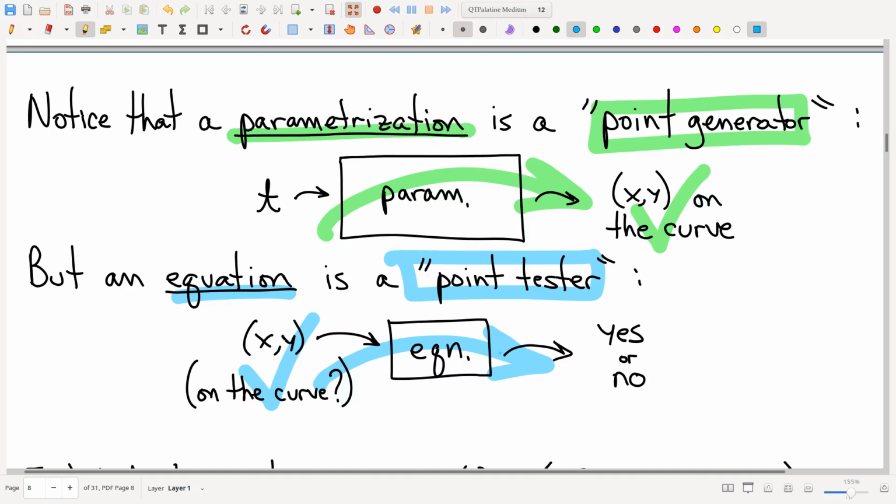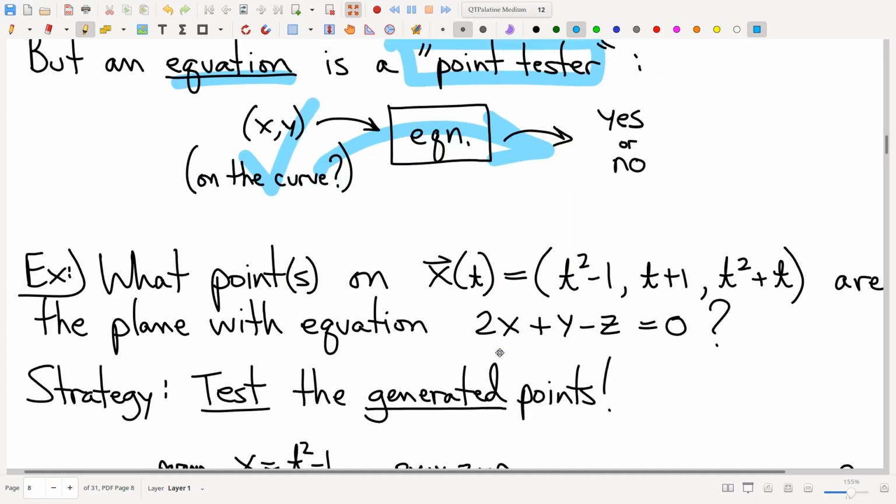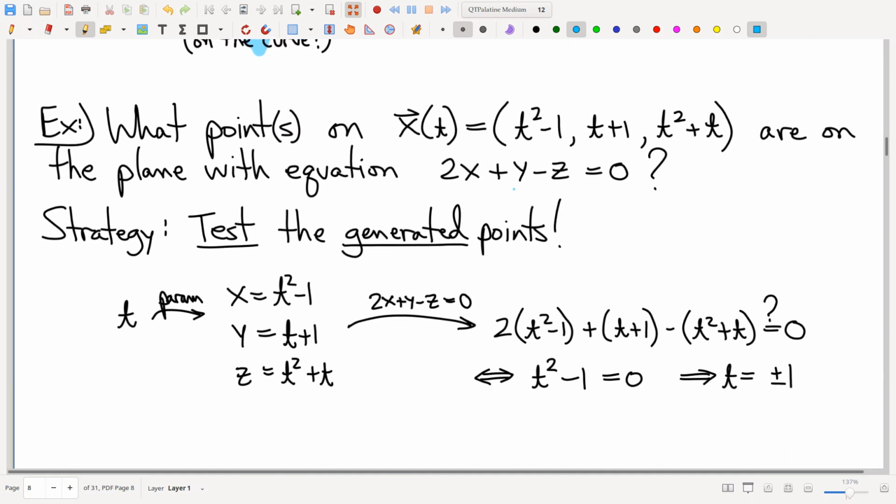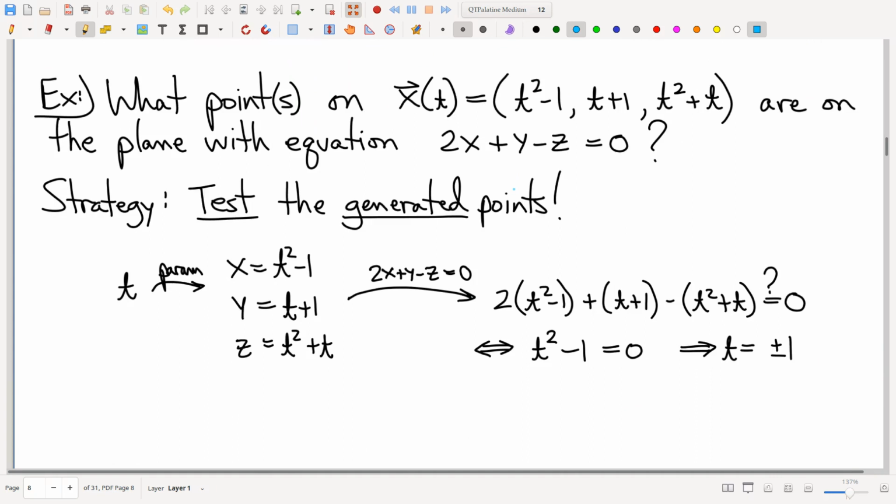So anyway. Okay, so a great example of how you can use this idea is this example right here. We're going to look for the intersection of a parametric curve and a plane. We will see later that this is the equation of a plane. You hopefully, probably, perhaps, maybe saw something like this in linear algebra.